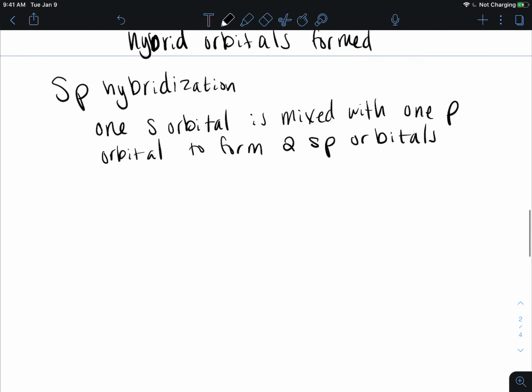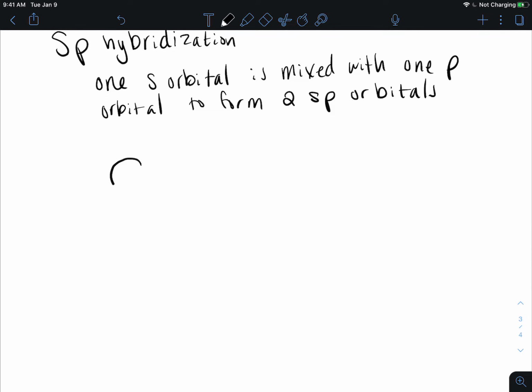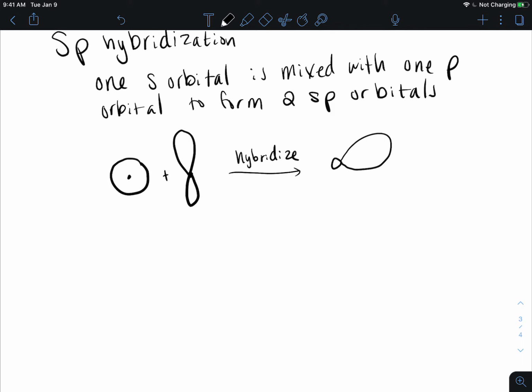Okay, so we have an atomic s orbital and an atomic p orbital that combine, or mix, or hybridize to form two sp orbitals.